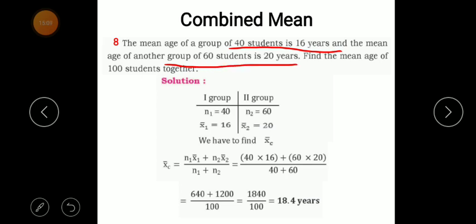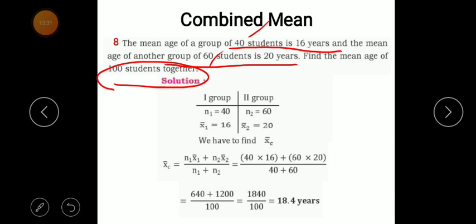So these may be somewhere like final year degree students. Find the mean age of 100 students together. So these 40 plus these 60 students, totally 100 students, their mean age you are supposed to find out.